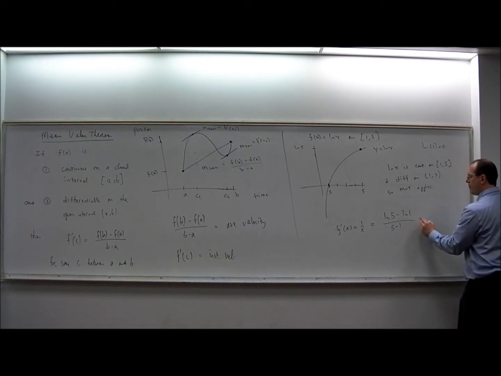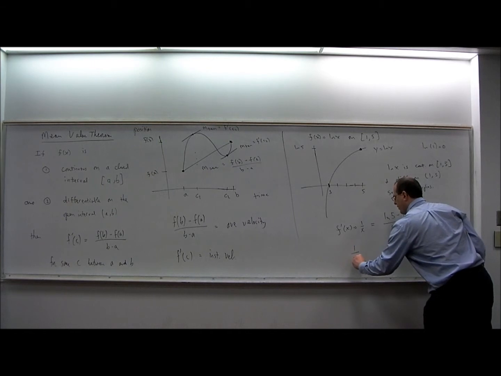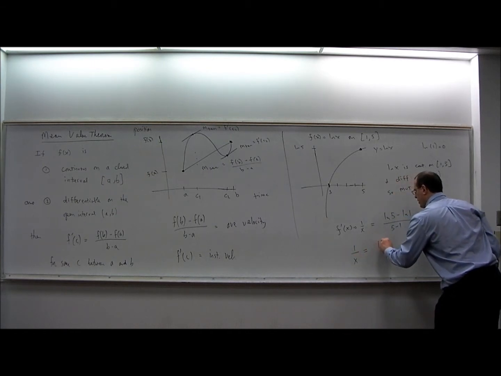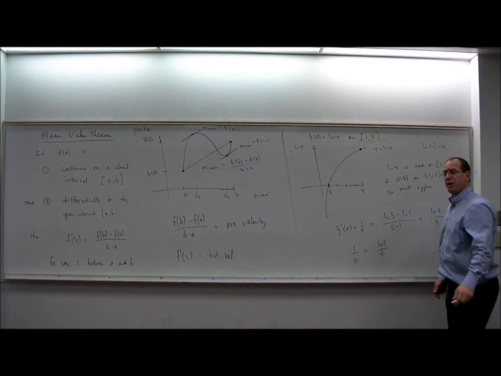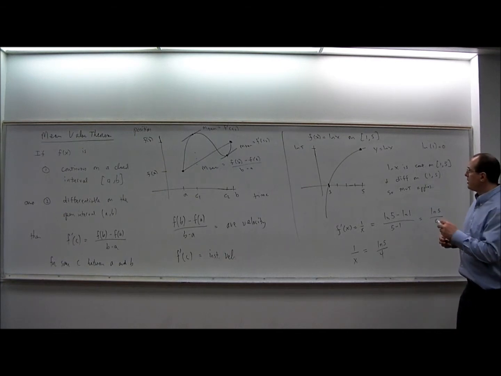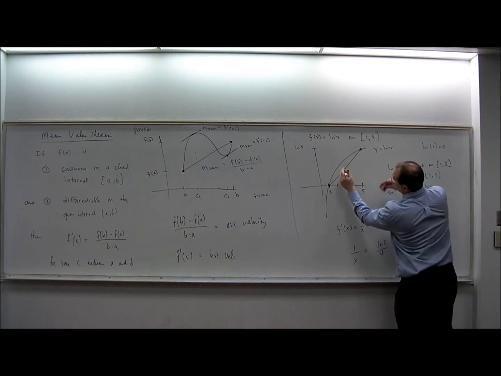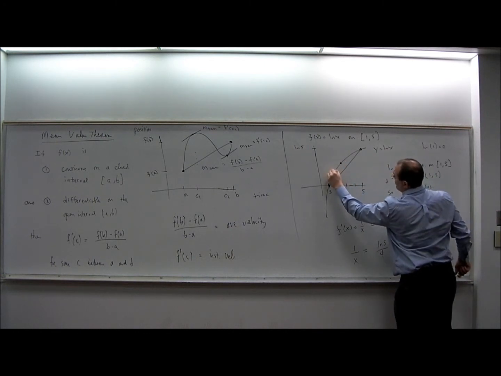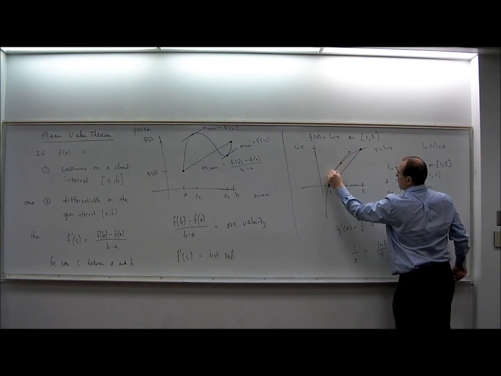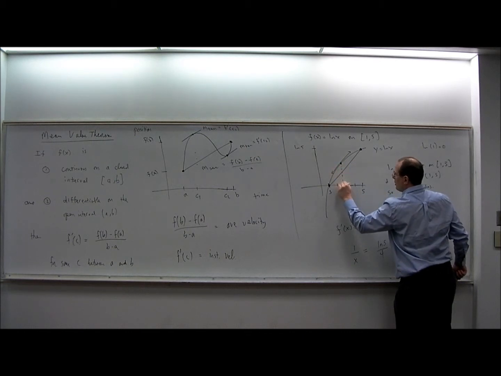And as I mentioned a moment ago, the log of 1 is 0, so this is the natural log of 5 divided by 4. So in other words, the derivative should equal the natural log of 5 divided by 4 in at least one place. And we can see that place. We draw the secant line, then the tangent line is parallel to it in at least one place.